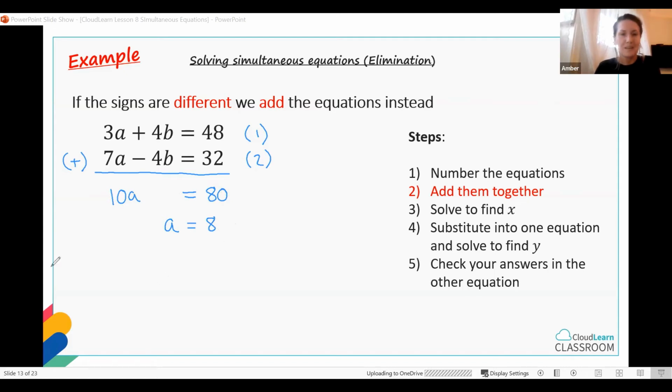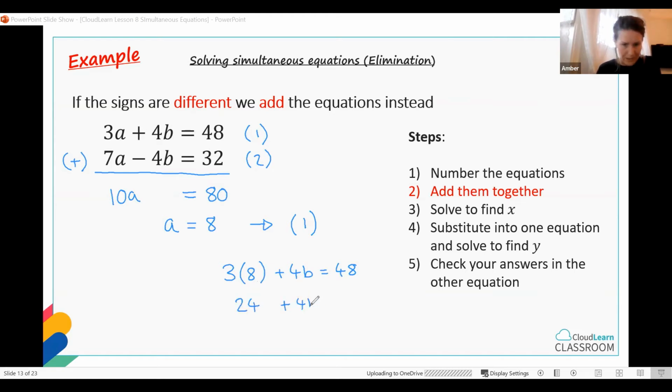So well done. And then doing the last 2 steps, okay, substitute that into one of the equations. I'm going to choose equation 1. So I'm going to take this equation. We've got 3a plus 4b. 3 times 8 plus 4b is equal to 48. 3 times 8 is 24.